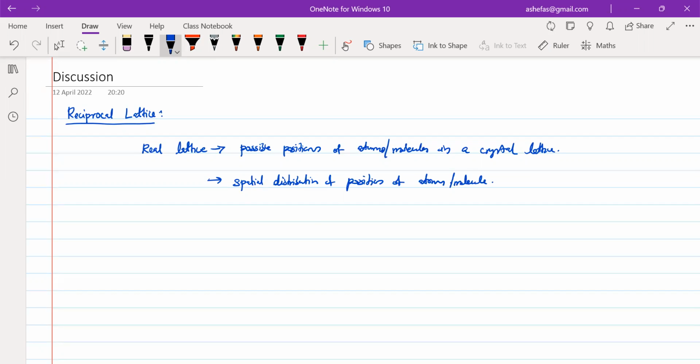Now, according to the free electron theory, the wave function of the electron, in general, we can write as psi of r equals a times e raised to i k dot r.